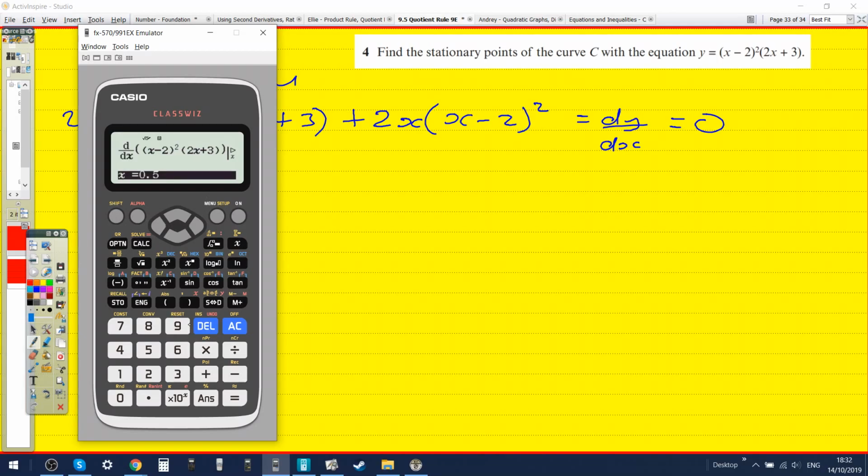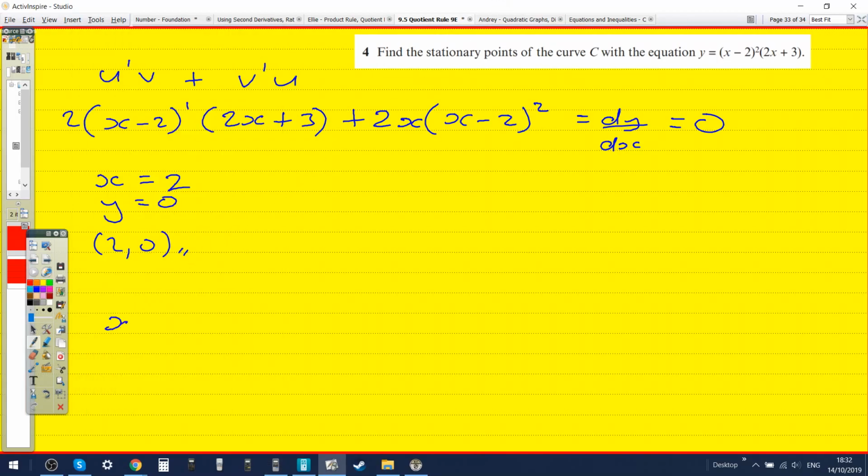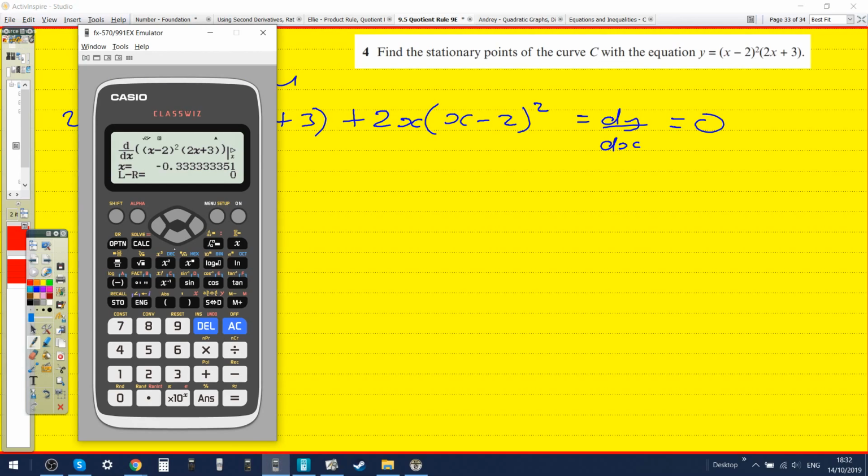Shift solve, and I'll put in some value, and I should get 2. I'm getting x equals minus 1/3. Let's see if I get a different one as well. Shift solve. And I get 2 as well.